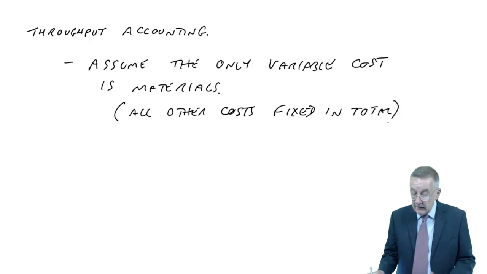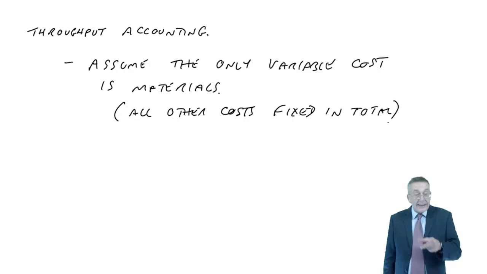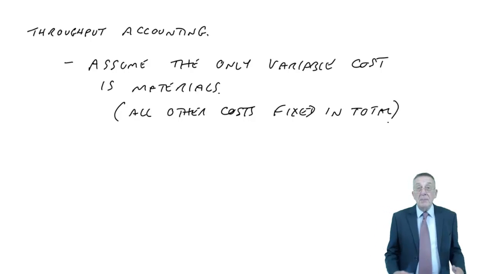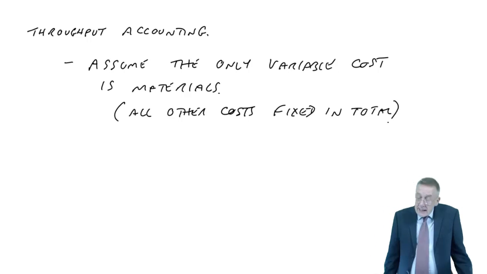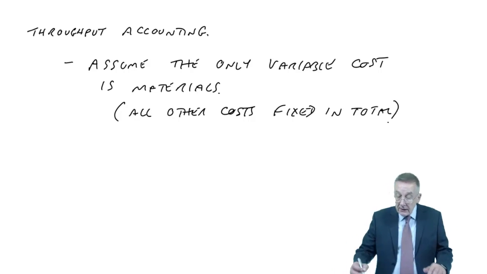Now, okay, again, I'm still saying that's very much short term, but that's the assumption we make, and on that assumption, we do exactly what we did before. Exactly the same approach. But this time the only variable cost is materials.